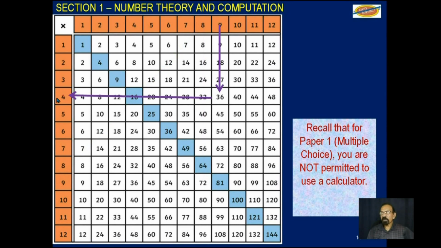And we come across here and we get 4. Or 7 into 84. We go up here and we get 12. Or 3 times 9. We come across here and we get 27. And 9 into 63, you go across here and you get 7. So you must know this table very well.